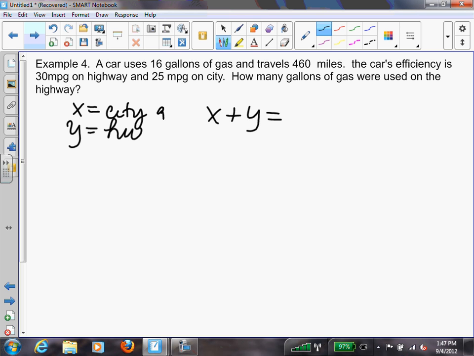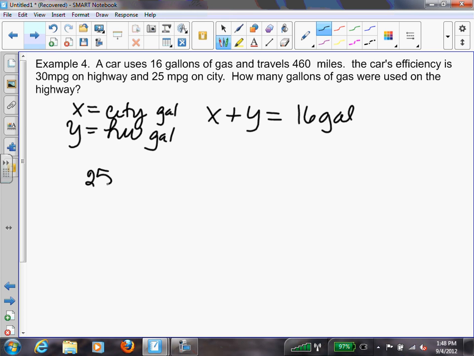We're going to let this be city gallons and highway gallons. What does X plus Y have to equal? 16. Isn't that how much I use altogether? Right? I'm using all together in city and highway 16 gallons. Okay?